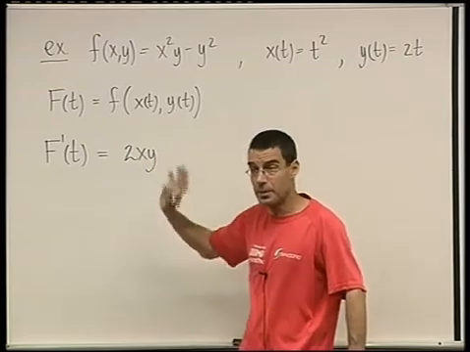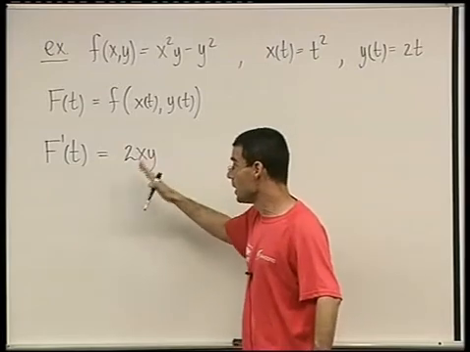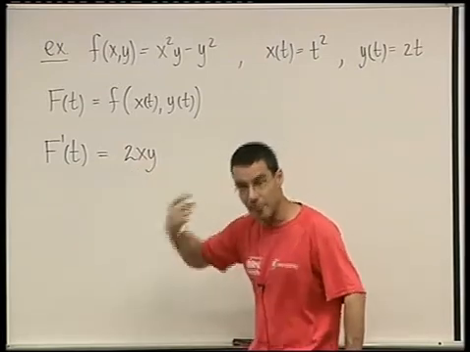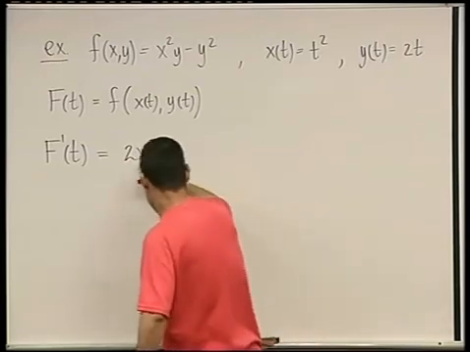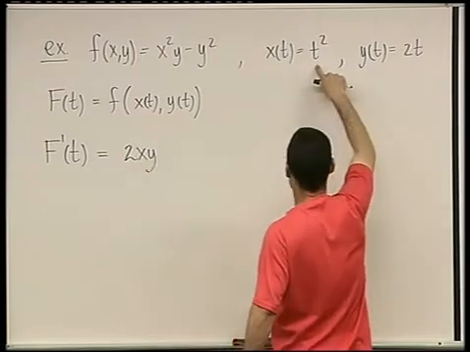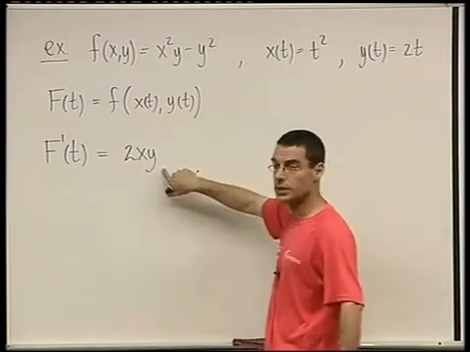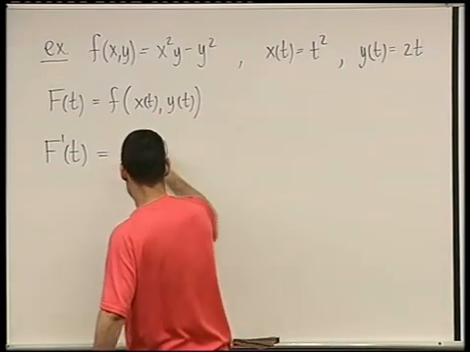That always happens, except when it doesn't, but those are specific cases. In general, the partial derivatives are again functions of both variables. So I have to evaluate this. I'm going to have to plug in t squared for x and 2t for y. We'll do that in the next step.